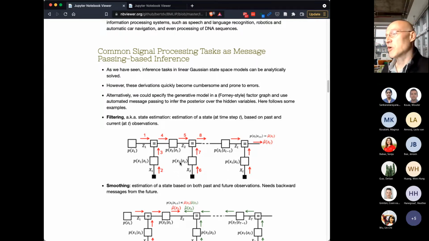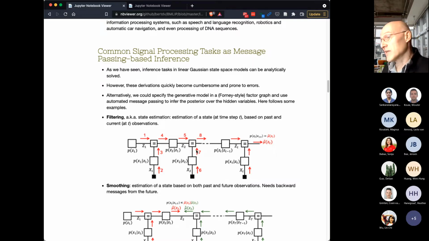You want to invert that now. You want to say, well, Z2 is not given, X2 is given. And that turns this into a likelihood function for Z2. It provides information about Z2 if you know the observation X2.